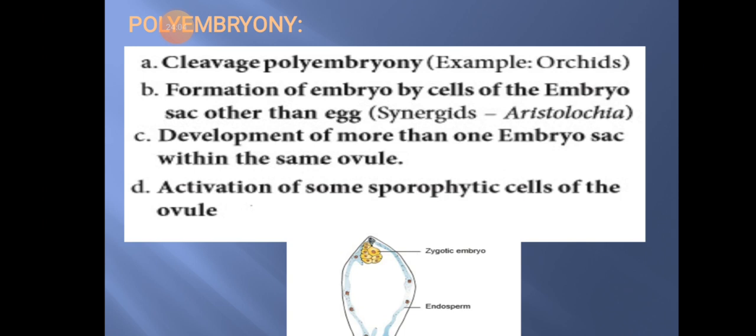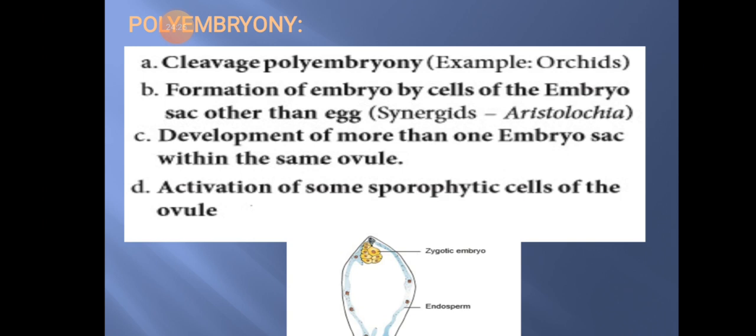Then the second one, formation of embryo by the cells of the embryo sac other than the egg. Except the egg, from other cells, for example, synergids. Near the female egg, two synergids are present. For example, Aristolochia. From the synergids also the embryo is coming.